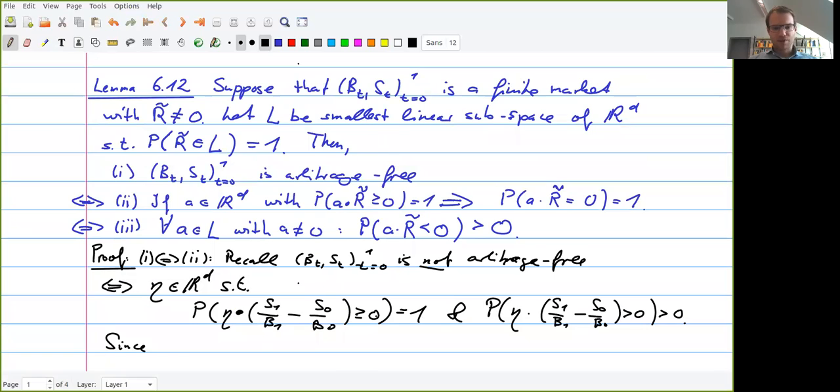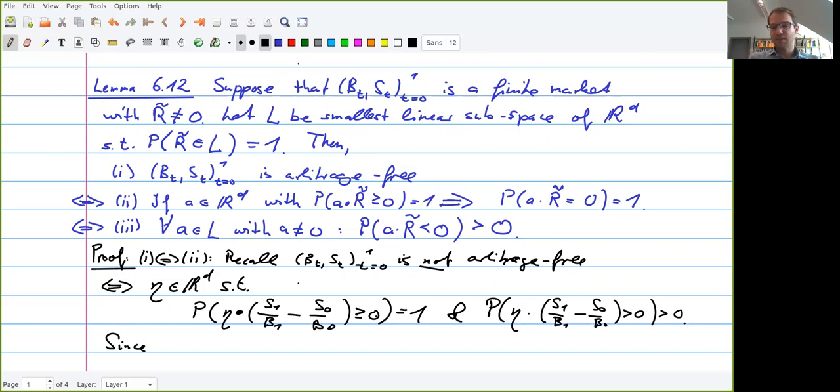equivalence, and now we want to come to the second equivalence, which tells us that if there exists an A which gives us always non-negative returns, then the returns have to be 0, is actually equivalent to considering just all the A's in this smallest linear subspace, which is generated by the possible returns.